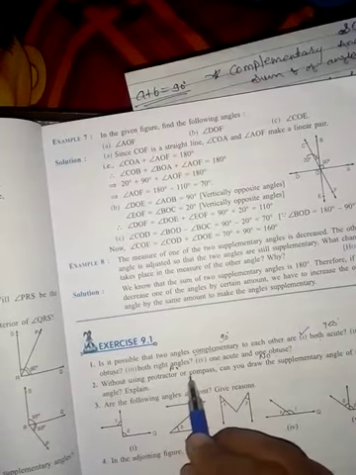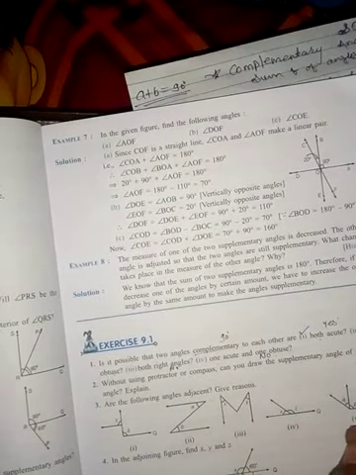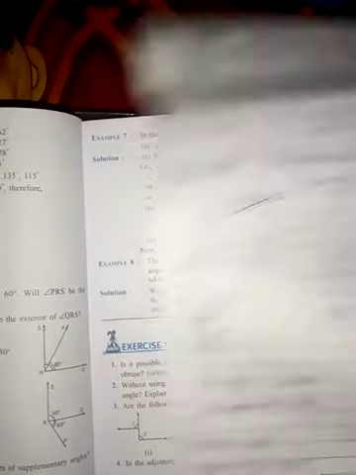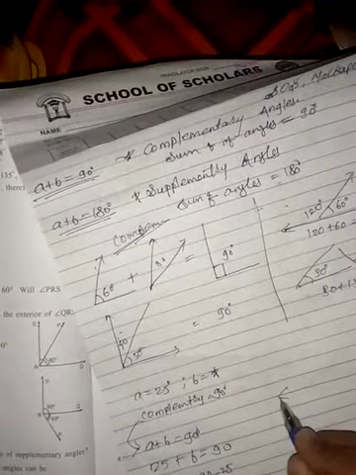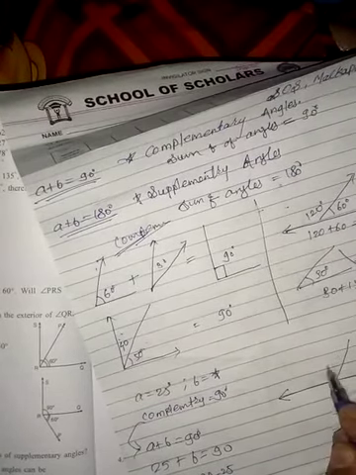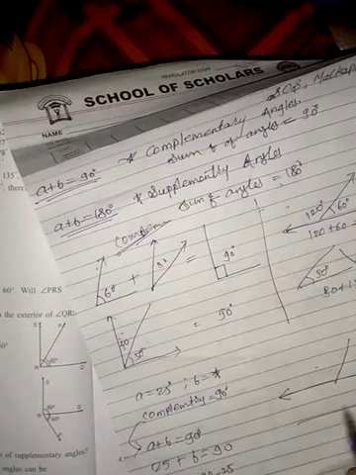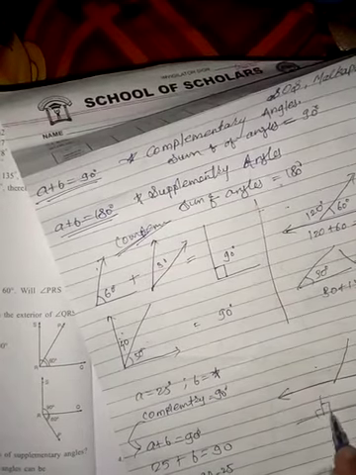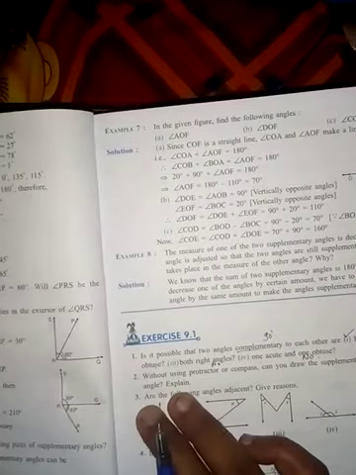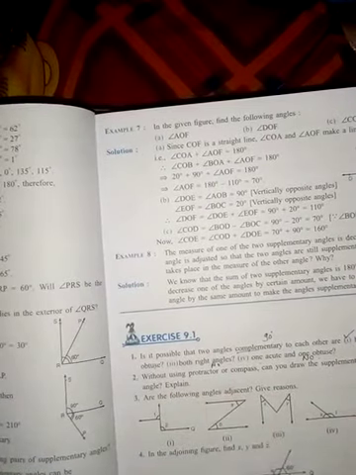Without using the protractor and compass, can you draw the supplementary angles of the angles? Yes, how? Supplementary means what? 180 degree. Draw one line and any one line. Yes or no? These are supplementary angles. Or you can draw in between, this is 90 and this is 90, because they are on the straight line.